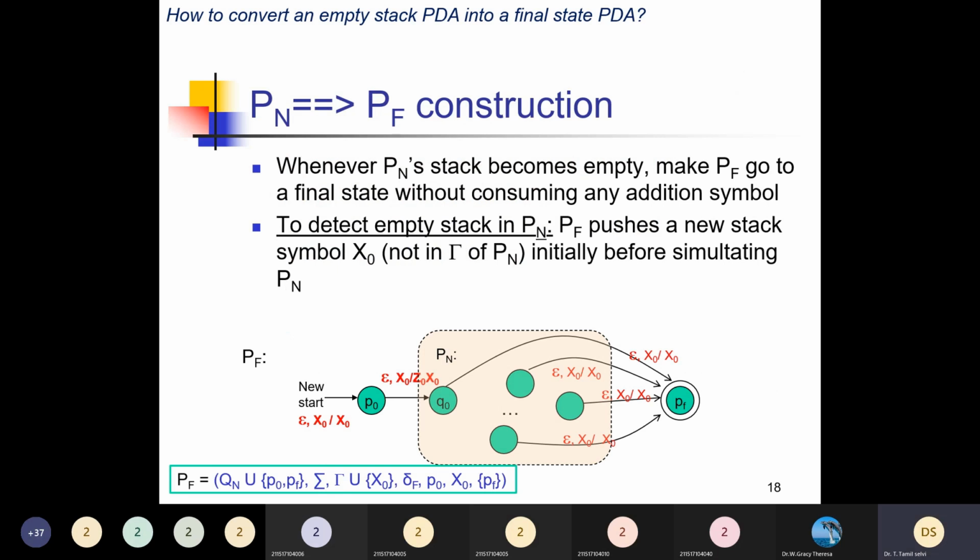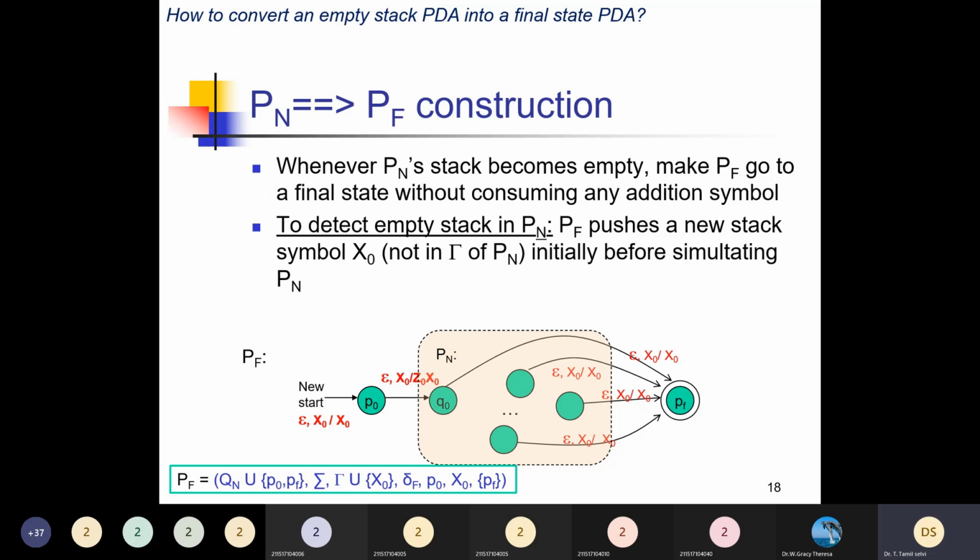And then this is the construction, the PN to PF construction. What is N? Accepts by empty stack. F means accepts by final state. So whenever PN's stack becomes empty, make PF go to the final state without consuming any additional input symbol.